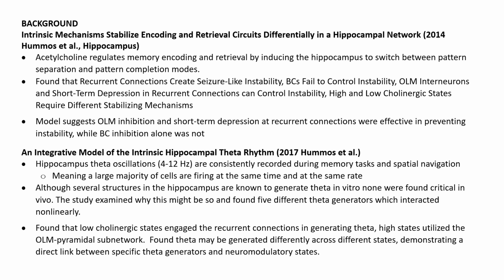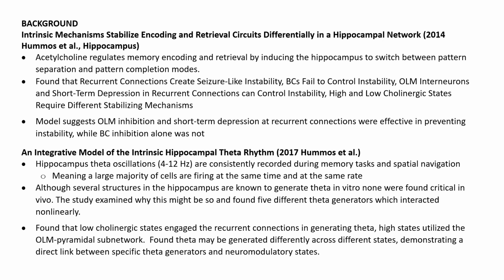In 2017, this model was extended to study theta oscillations in the 4 to 12 hertz range. The 2017 paper addressed the question of why several cell structures were found to be critical for generating that theta rhythm in vitro, but then were not found to be critical in vivo. The main reason was the presence of multiple theta generator mechanisms, which sometimes substituted for one another.